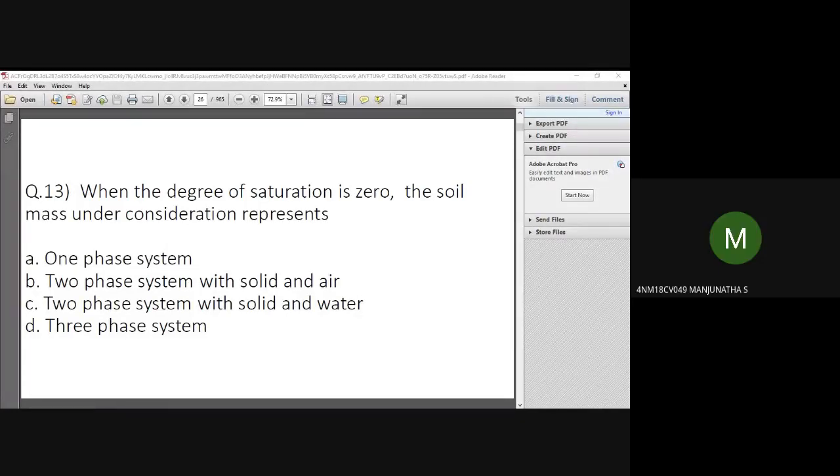Okay. Answer. I want answer in the chat box. So Anusha has given me answer as B. Nitin has given me answer as B. Next. Ashrita has given us B. Next. If it is wrong, there is no problem at all.